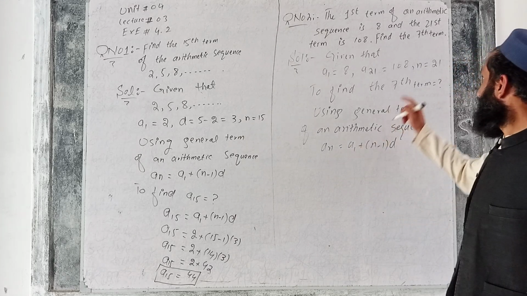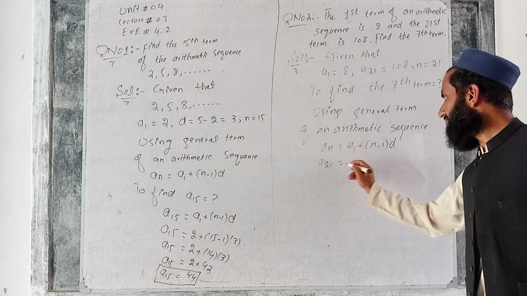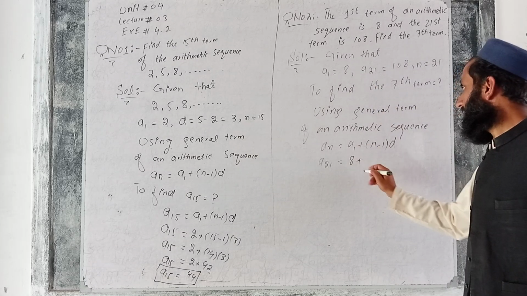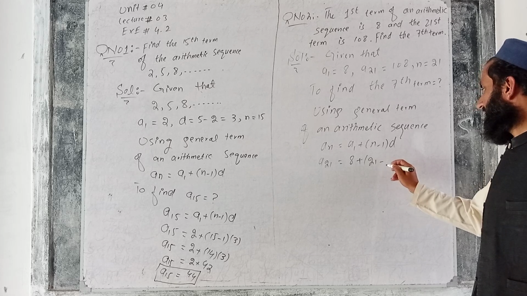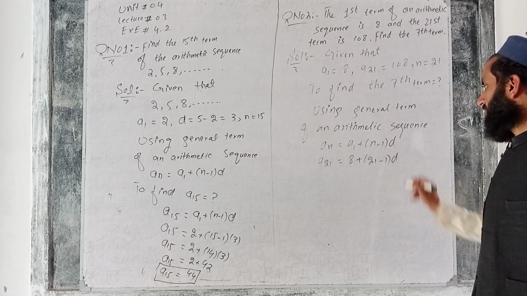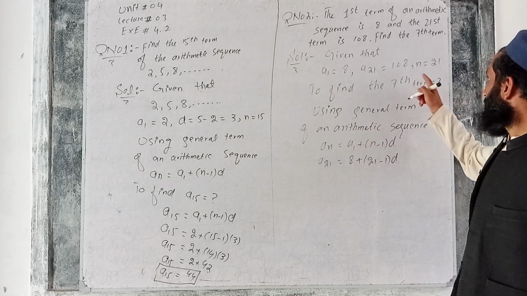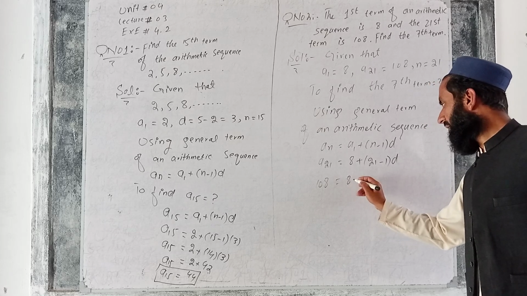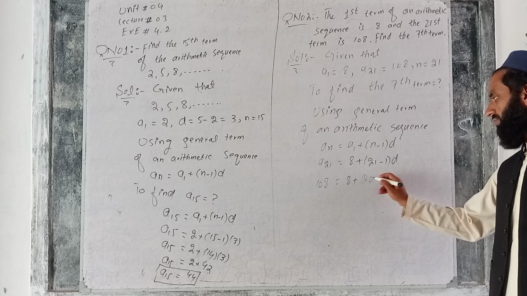Put the value of n equal to 21 here. A21, which is equal to, put a1 equal to 8 plus n equal to 21 minus 1 into d. A21 is equal to 108, which is equal to 8 plus 21 minus 1, 20d.